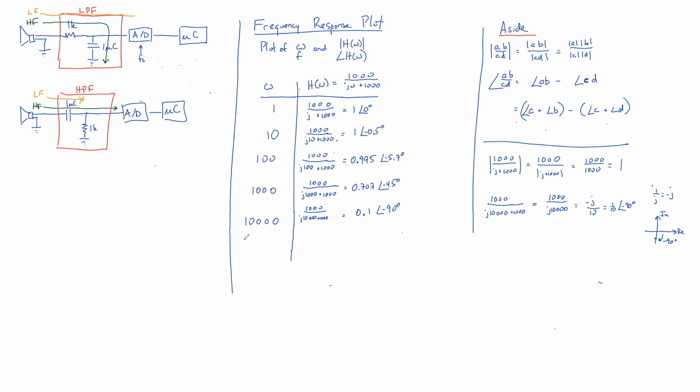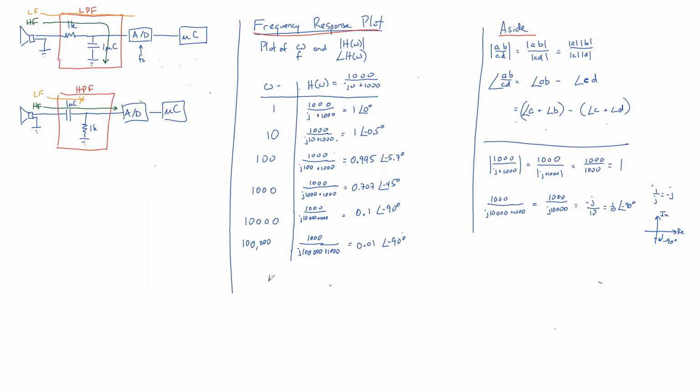We can continue doing this for larger values. The same reasoning holds true now. It's going to be dominated by the imaginary part. And now we're going to get 0.01 at an angle of minus 90 degrees. We still haven't talked about what the frequency response plot is after all this, but that's just the plot of this table.